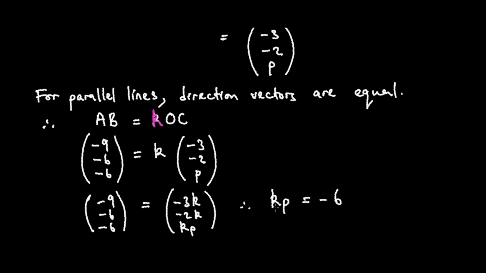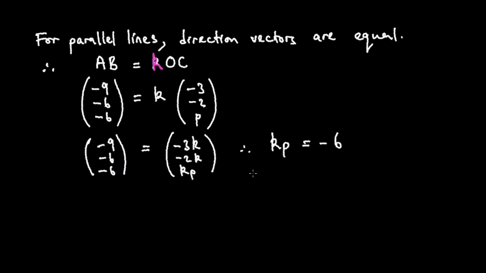But can we calculate p in this way? We cannot calculate p because we don't have k. So we must first find k. To find k, we take either of the other two. Taking -9 equal to -3k, the minuses cancel.